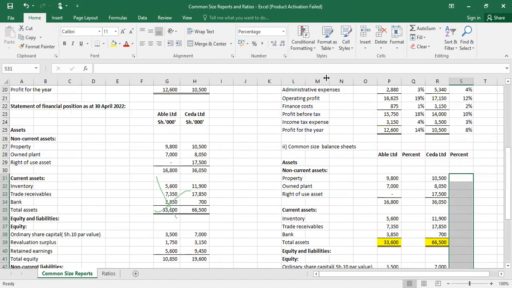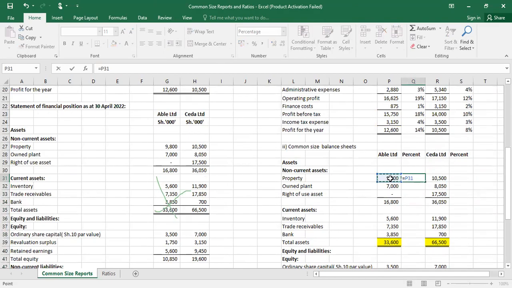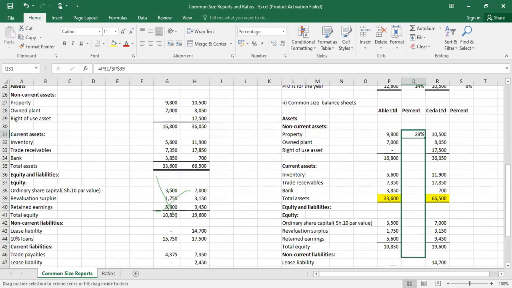So for example, property under company Able, that 98, I divide by total assets 33.6. What I get is about 29%. And because the total assets will be constant until the last item, I will just lock it and then drag the formula to the last item.